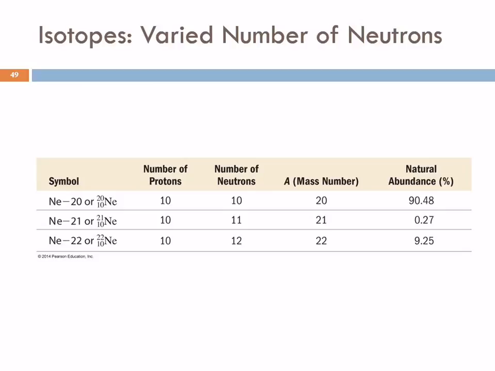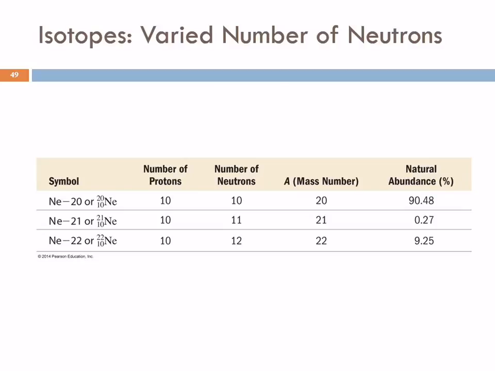Because neon has 3 isotopes. There are 3 versions of neon. It's a little bit like you go and you buy a car. My husband, we bought him a Subaru Forester. Well, there's different models, right? And they cost a different amount of money, and they have different features. And yet, we would say they're the same car.